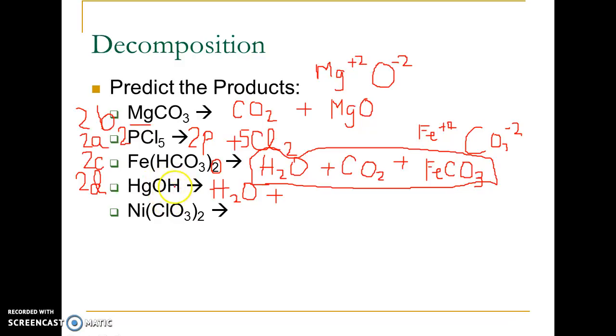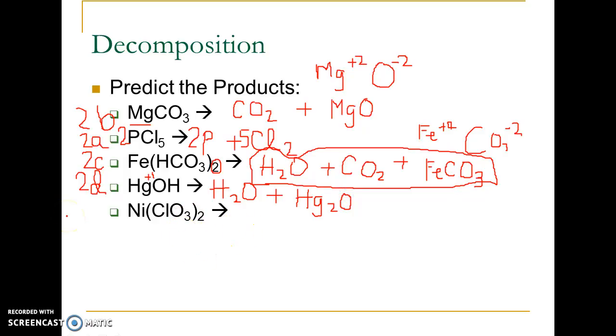Hydroxide has a -1 charge, and I don't see any subscripts here, so that must mean mercury has a +1 charge to balance out that hydroxide. I know that oxygen has a -2 charge. They do not equal 0, so I'm going to need 2 mercuries to balance out that 1 oxygen. So my final chemical formula is going to be Hg2O. And that will be my answer for my prediction of products.